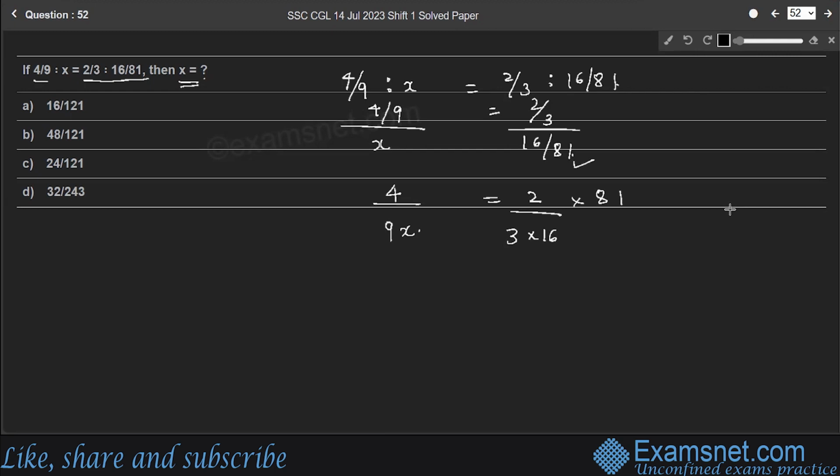Therefore, we can write 4 by 9x is equal to 3 into 27, therefore it is 54 by 16. Therefore, 9x can be written as 4 into 16 by 54. Right?